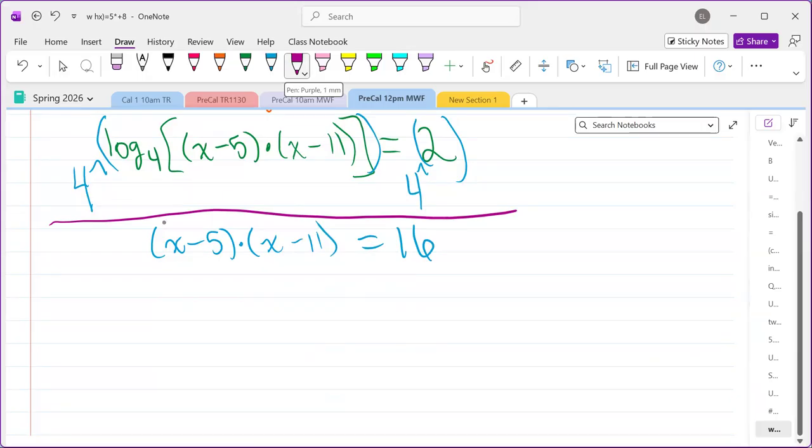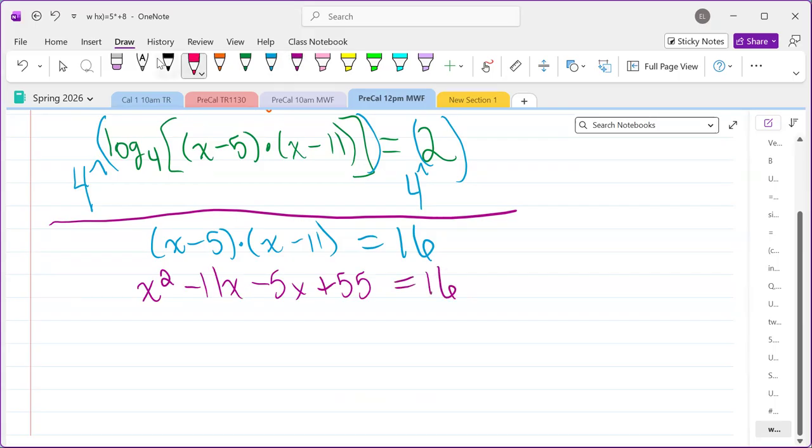So I'm going to have to FOIL these two binomials out. So I'll have x squared minus 11x minus 5x, plus 55 is equal to 16. Now I want this to be a 0 on the other side, so I'm going to subtract the 16.